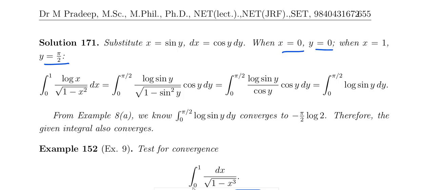For 0 to pi by 2, log sin y divided by cos y, the cos y cancels. So the problem becomes like that. If we change this problem this way, we have already evaluated it. Therefore the given integral converges to minus pi by 2 log 2. These are all very standard problems.